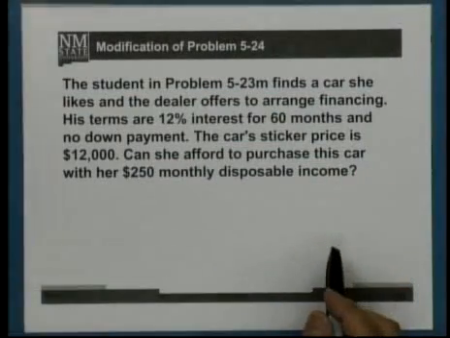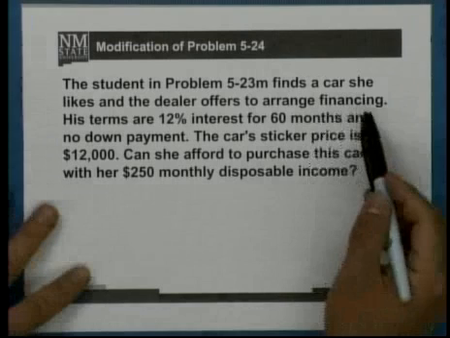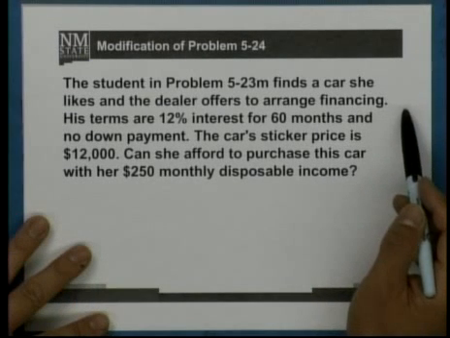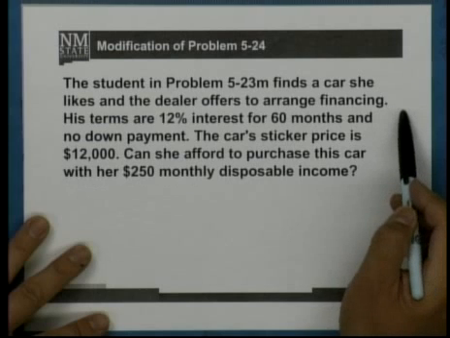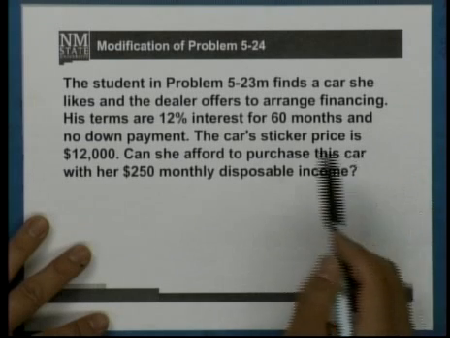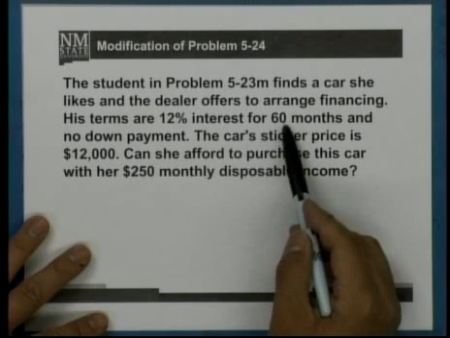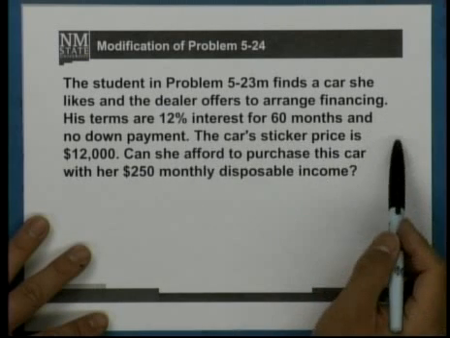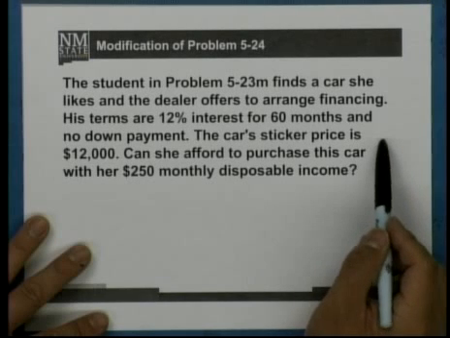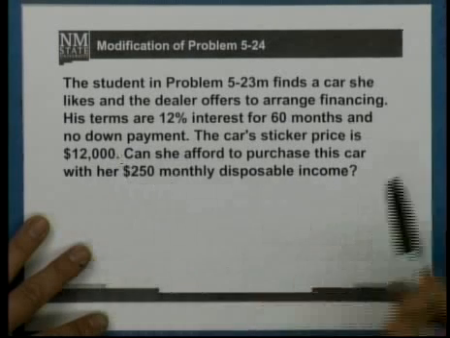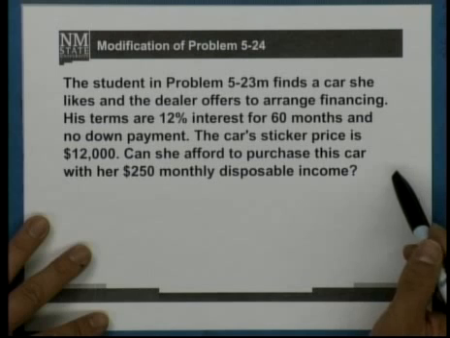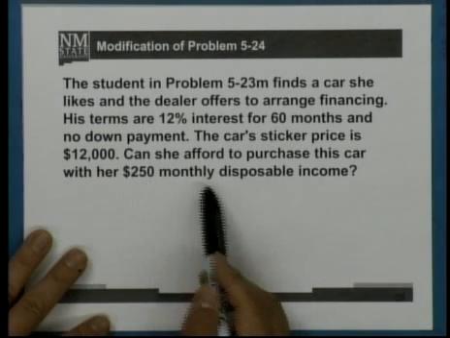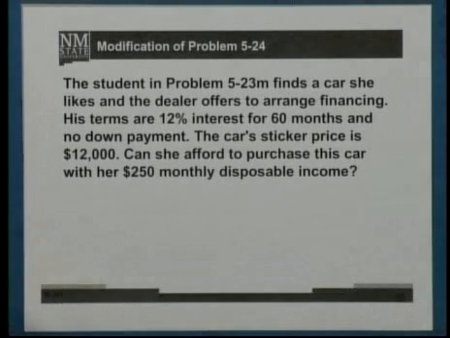The student in the previous problem finds a car she likes, and the dealer offers to arrange financing. His terms are 12% interest for 60 months and no down payments. The car's sticker price is $12,000. Can she afford to purchase this car with her $250 monthly disposable income?